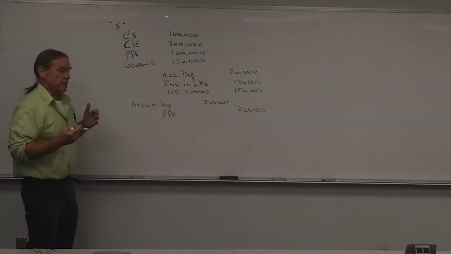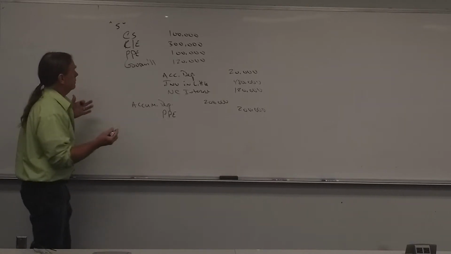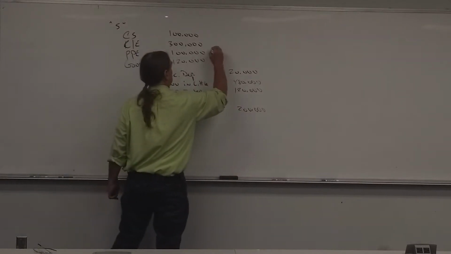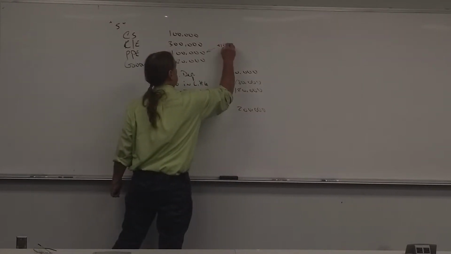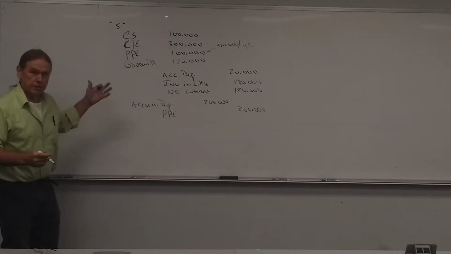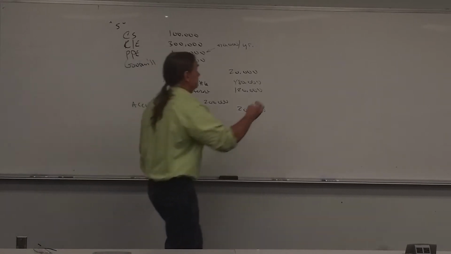Now, let's say this asset was sold. Let's say this differential is being amortized at the rate of $10,000 per year, and the differential property, plant, equipment was sold on April 1st.